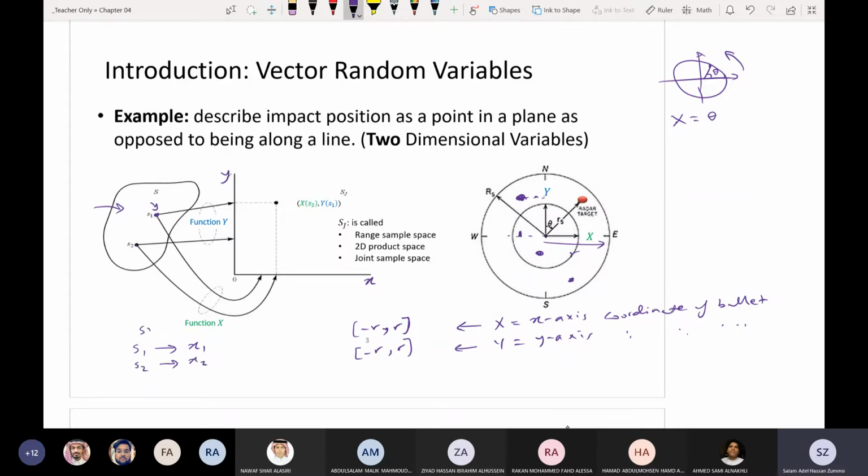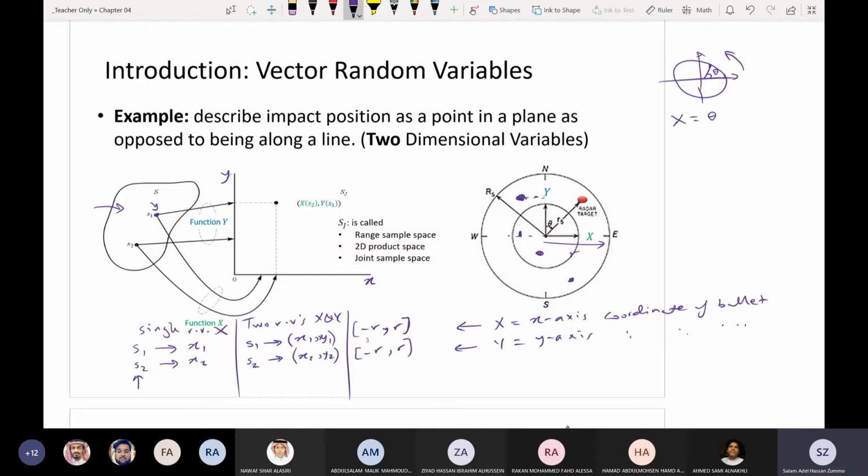This is in a single random variable X. However, in multiple, for X and Y, two random variables, every S is mapped into a pair, X1, Y1, and another outcome is mapped into another pair, X2, Y2.